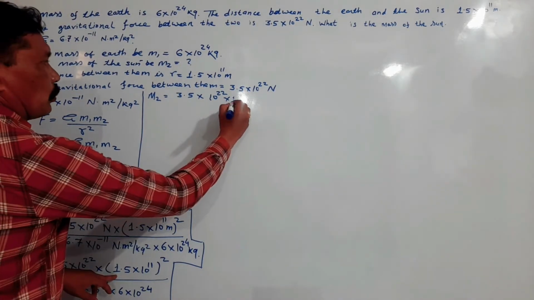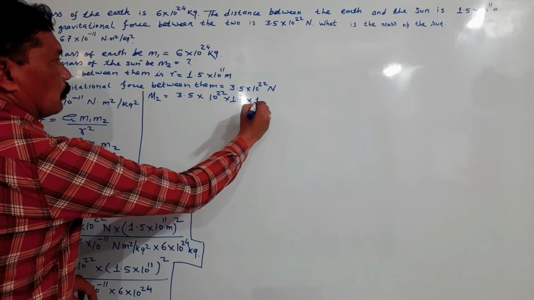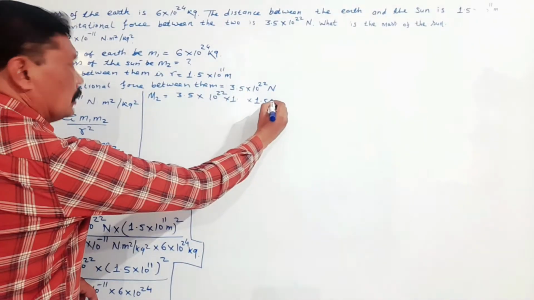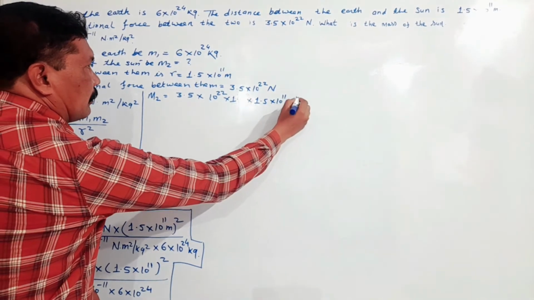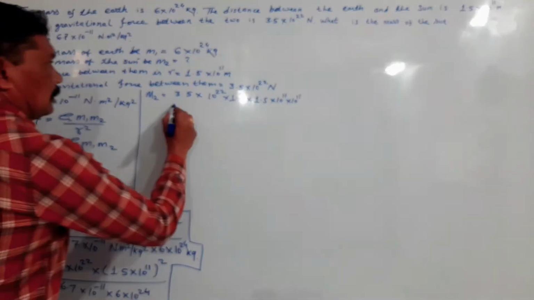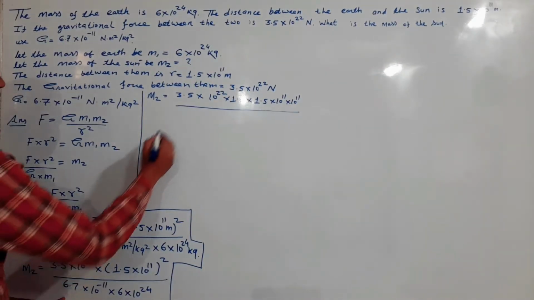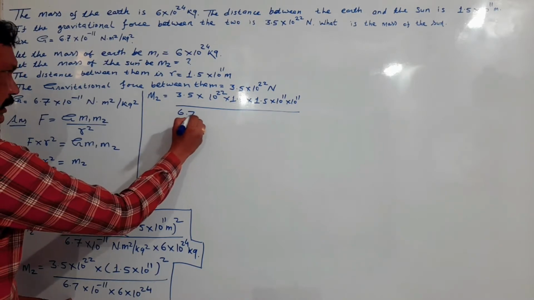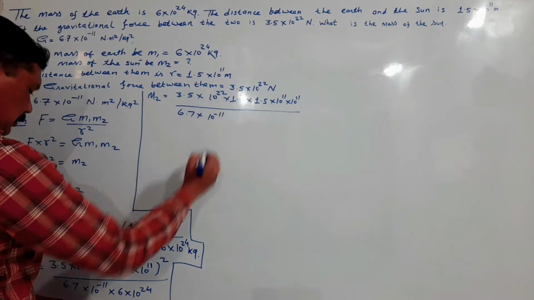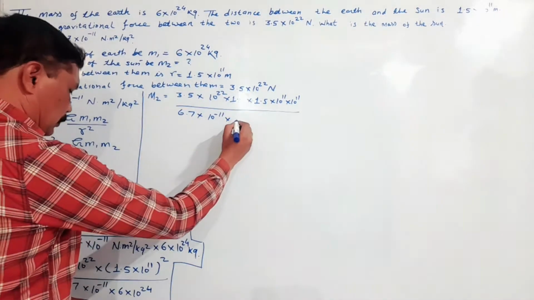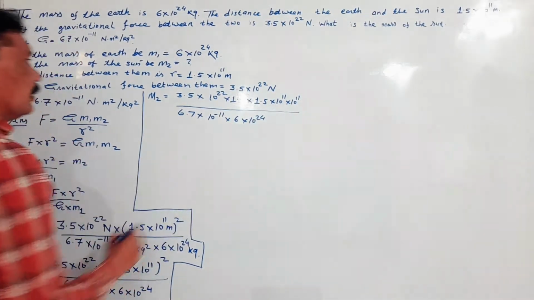So we can write here 1.5 into 10 to the power 11 into 1.5 into 10 to the power 11. And at the denominator, we have to write 6.7 into 10 to the power minus 11 into 6 into 10 to the power 24.